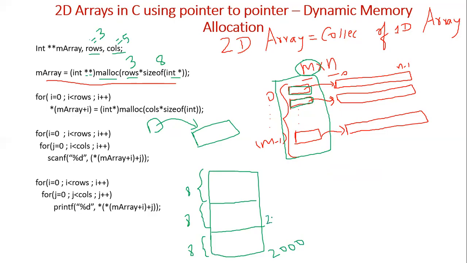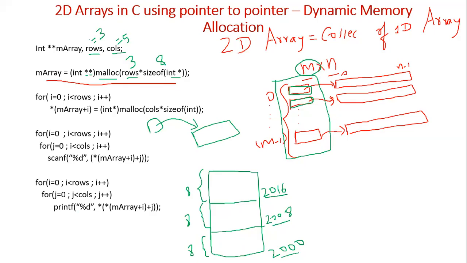Then the second location's starting address will be 2008, which goes 8, 9, 10, 11, 12, 13, 14, 15. The third will be from 2016. So this is the address of these pointers. There are 3 pointers. The starting address of the first pointer is 2000, the second is 2008, and the third is 2016, because each of these is an integer pointer and each integer pointer occupies 8 bytes.